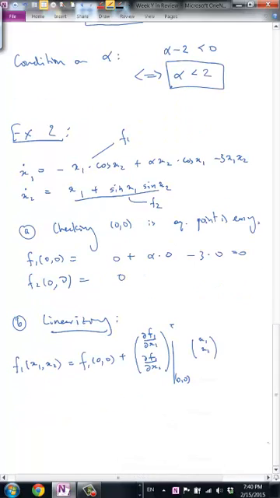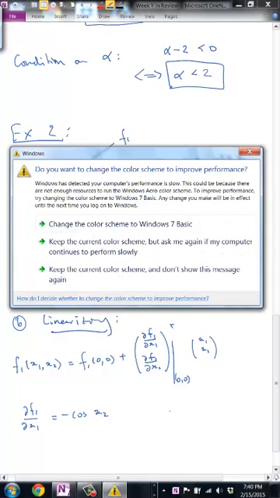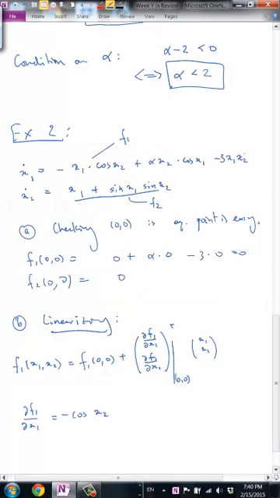Okay, and then we have to do the same for f2. So if we do this, taking the derivative, df1/dx1 is equal to minus cosine x2 plus alpha times x2 times the derivative of cosine, which is minus sine x1, minus 3 times x2.